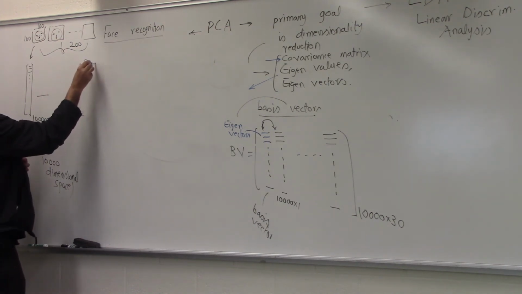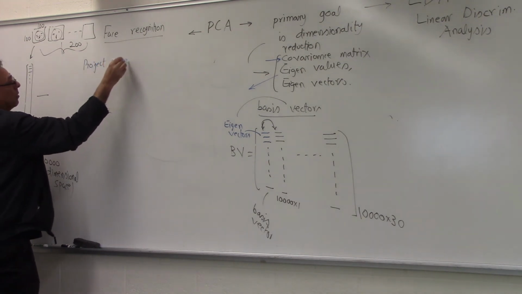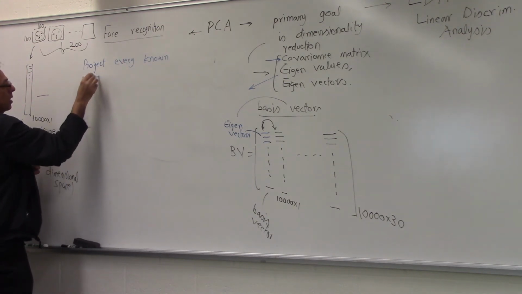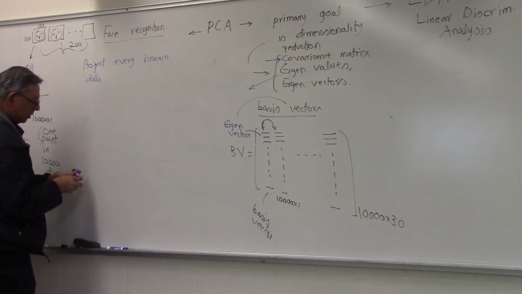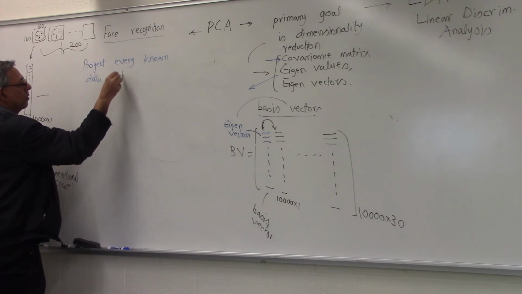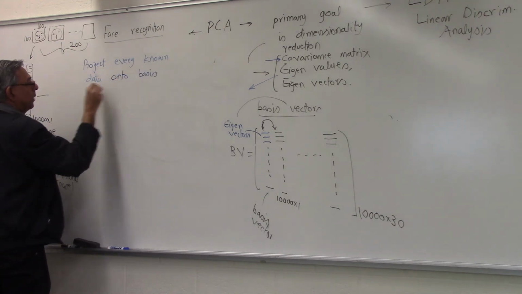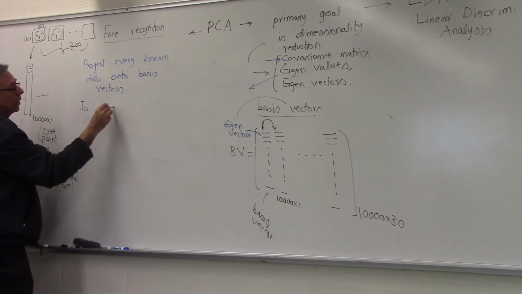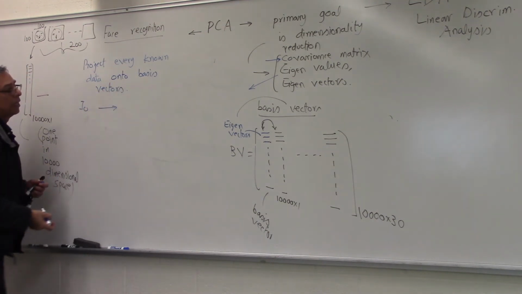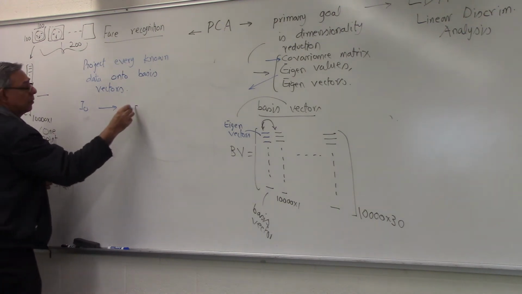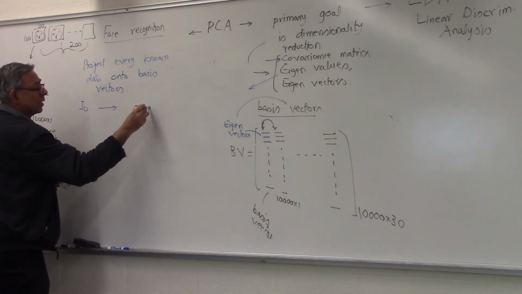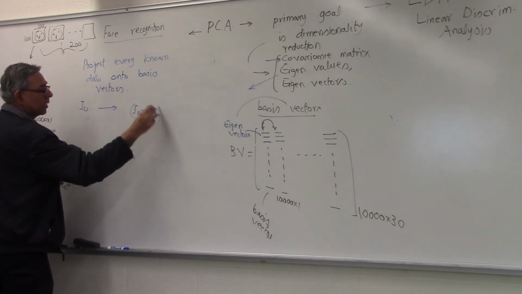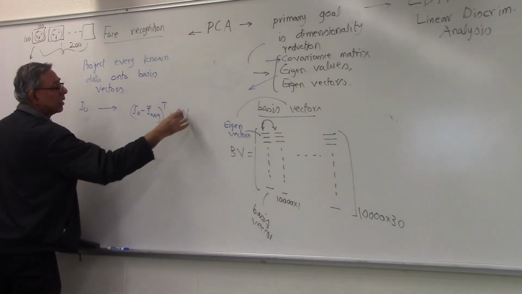Project every known data onto the basis vectors. So I0 will be projected, as we discussed, by going I0 minus I average, then transpose, times the basis vector.